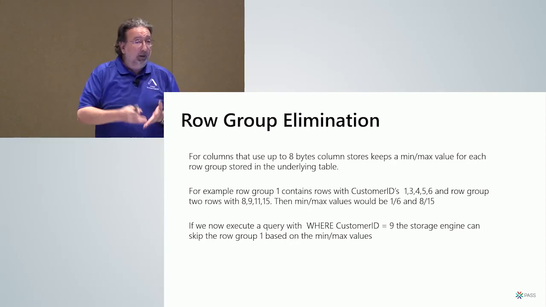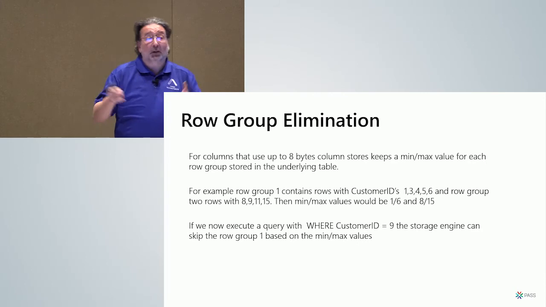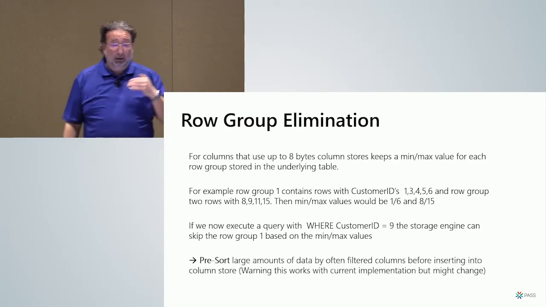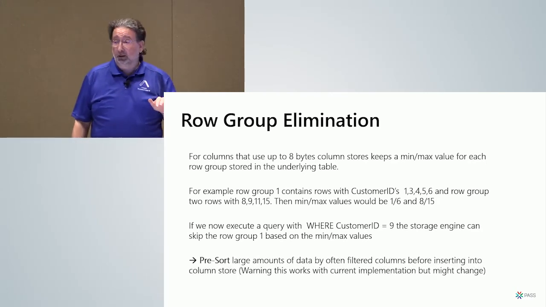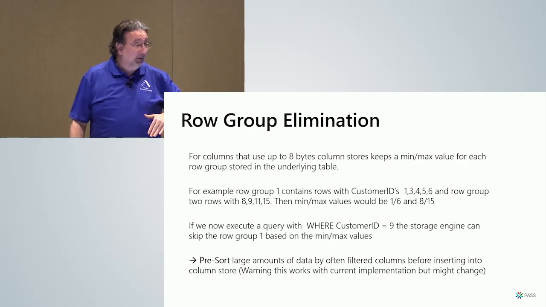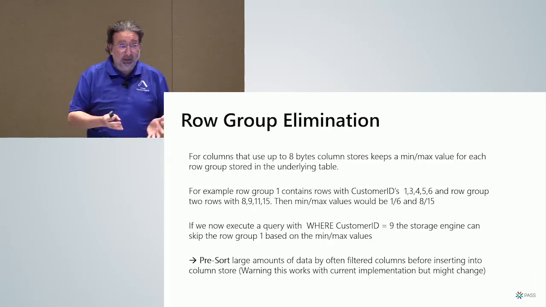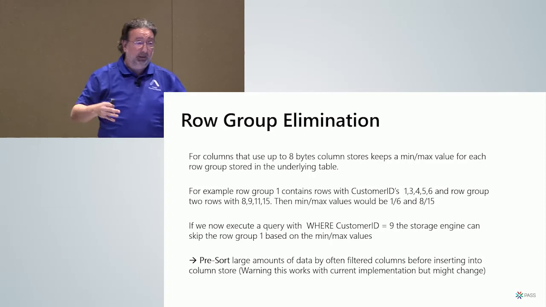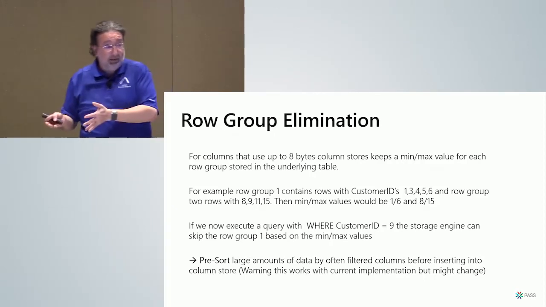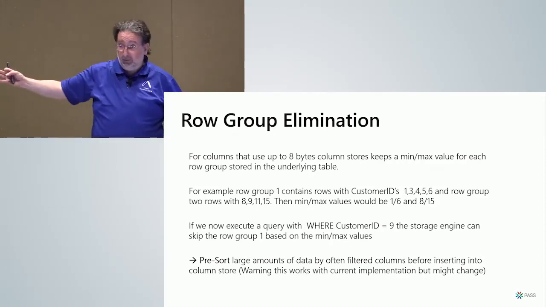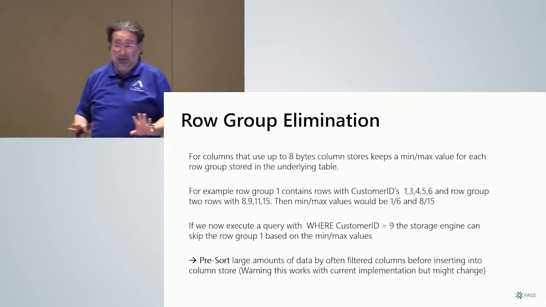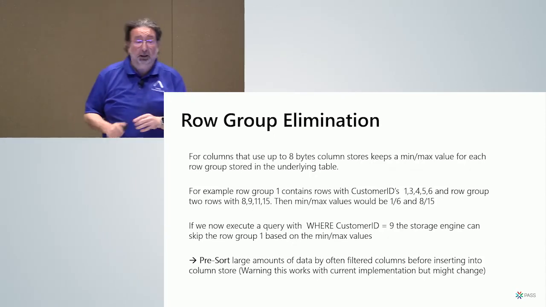But as it's implemented right now, and that's pure implementation, and that might change in the future, columns like a date or ever-increasing numbers, you insert them basically in order, and within a row group that you insert, they stay there. Even if you rebuild it, they're not moving around massively. They might move one to the left, one to the right, but they're not moving all the way over. And again, that's purely implementation. It might change in the future.